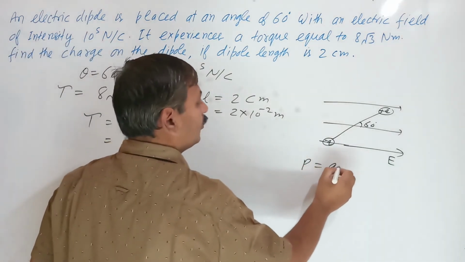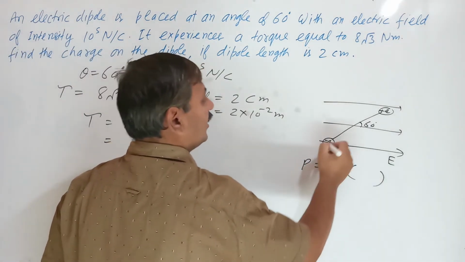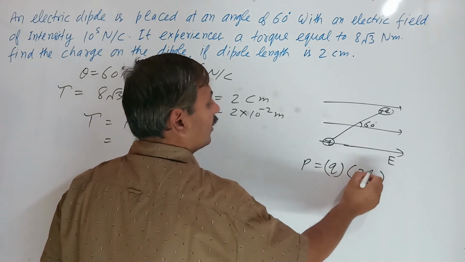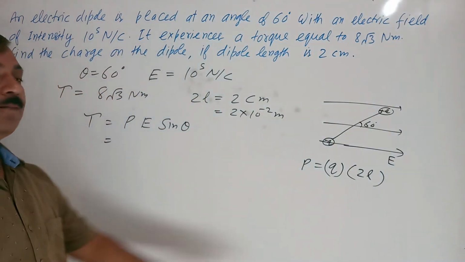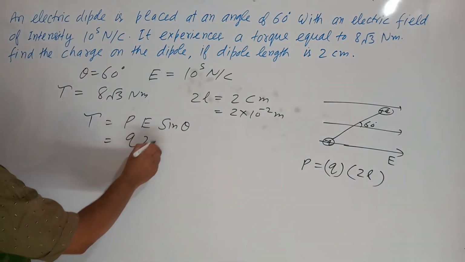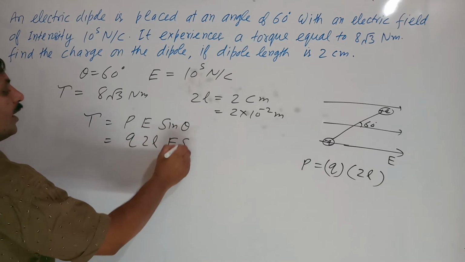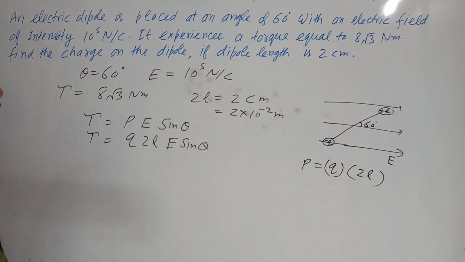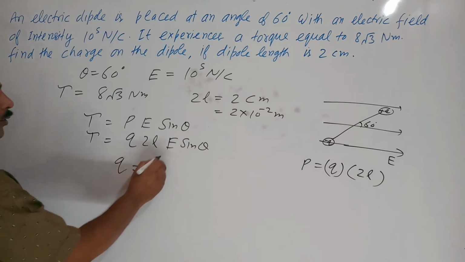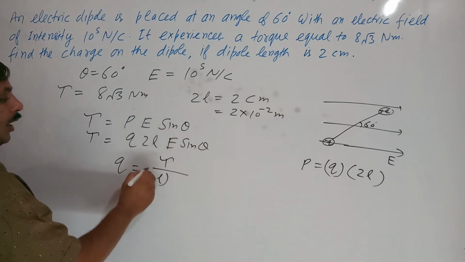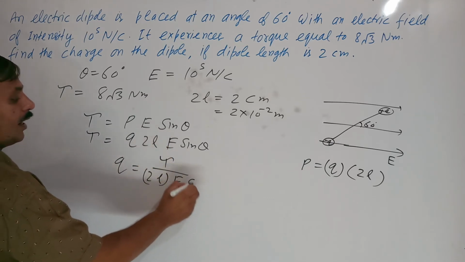P is equal to Q, one of the charges, times the distance between the two equal and opposite charges, that is 2L. In place of P, we write Q into 2L E sin theta. We want to find Q. So Q is equal to torque upon 2L E sin theta.